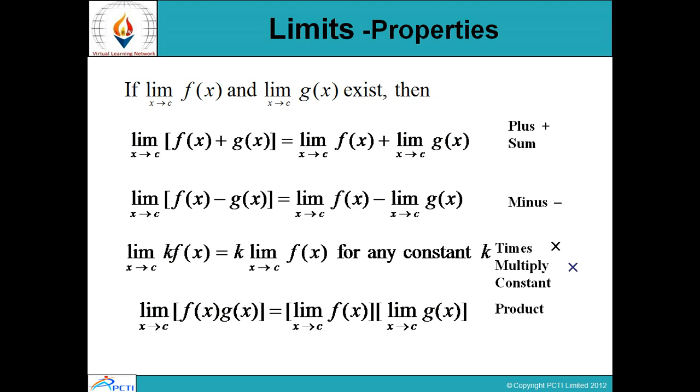Limit as x tends to c of f(x) multiplied by g(x) equals limit as x tends to c of f(x), times limit as x tends to c of g(x). That is the product of two different limit functions.